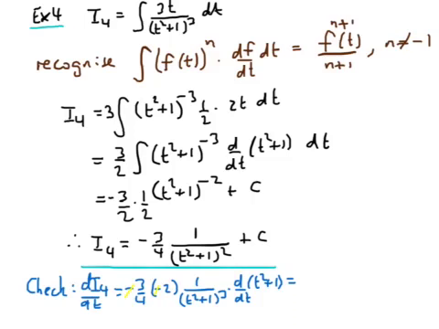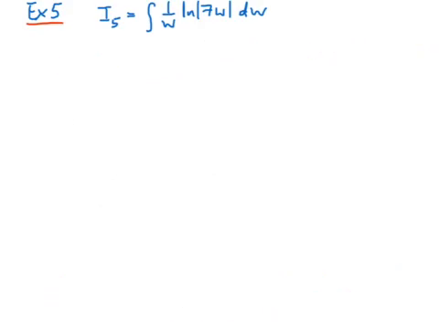So we have 3t left on top, and on the bottom we have t squared plus 1 all cubed. So that again tells us that we have correctly calculated the integral because this is our original integrand. With that, we can move on to the next exercise.